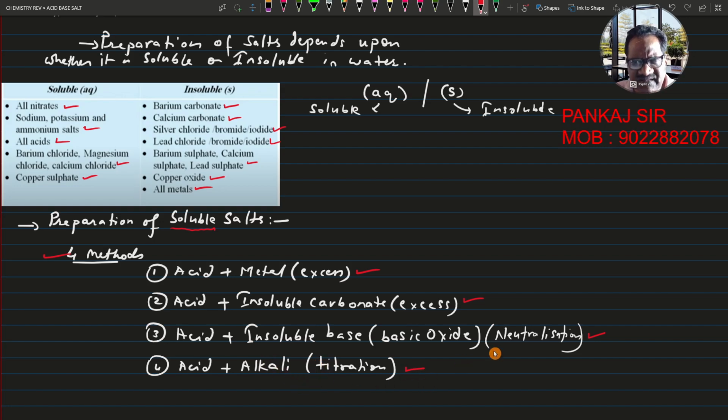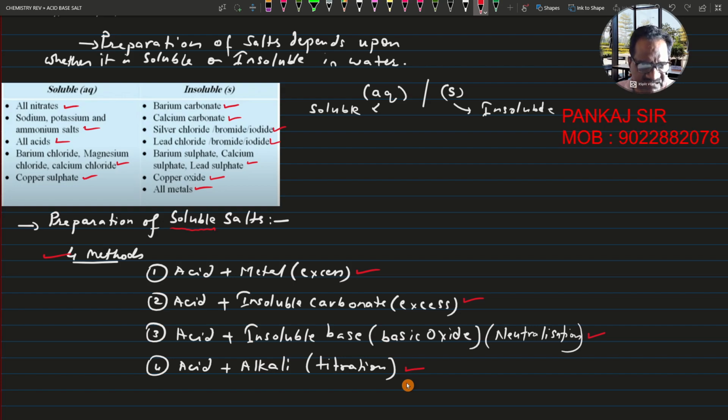There is a difference between neutralization and titration. Many students may not know the exact differentiation between the two, but I'm going to discuss that also at the end of the session. So these are the four methods used for preparation of soluble salts.